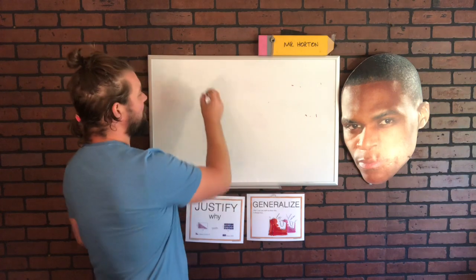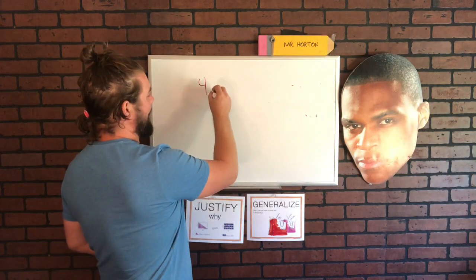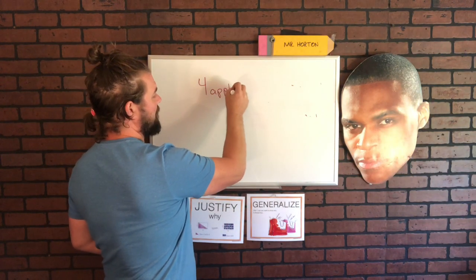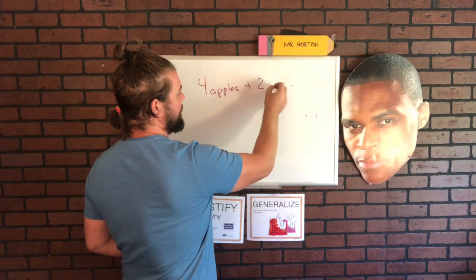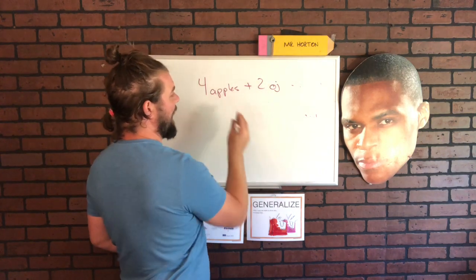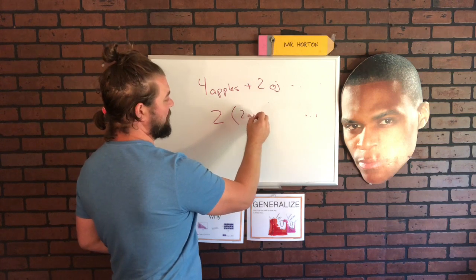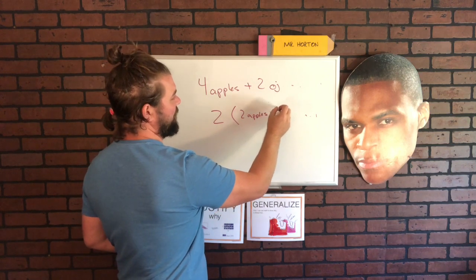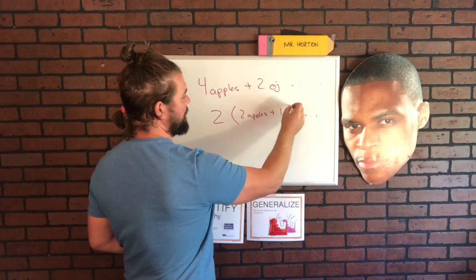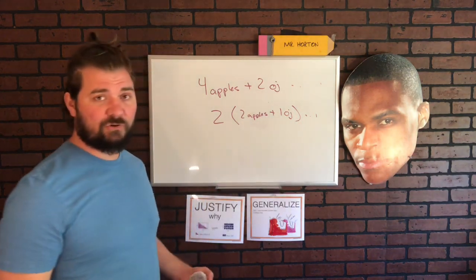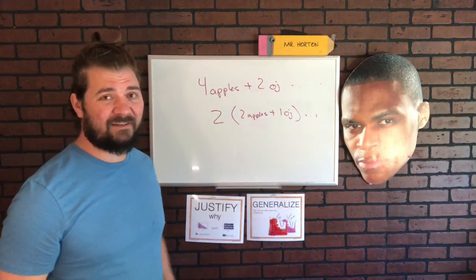If I have 4 apples and 2 oranges, I could really say I have 2 of 2 apples and 1 orange. I'm distributing this out. It's the same kind of stuff.